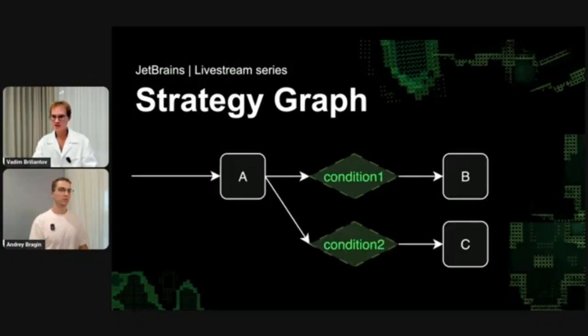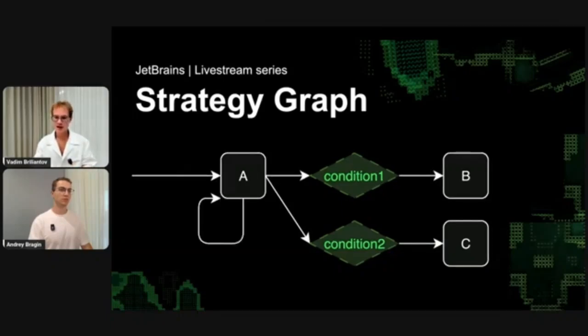So if condition 1 is true, the agent orchestration logic will go from node A to node B. But if condition 2 is true, it will go to node C. And also, cycles are allowed. So this allows you to build multiple different state machines that will control the agent logic. It actually explains to the agent how it should behave with the LLM and with the environment.